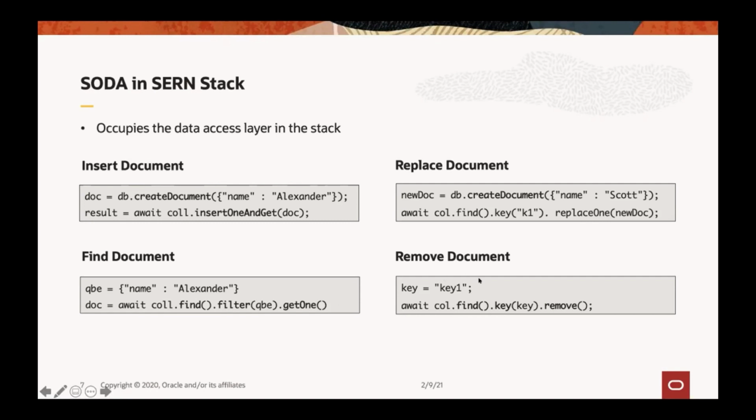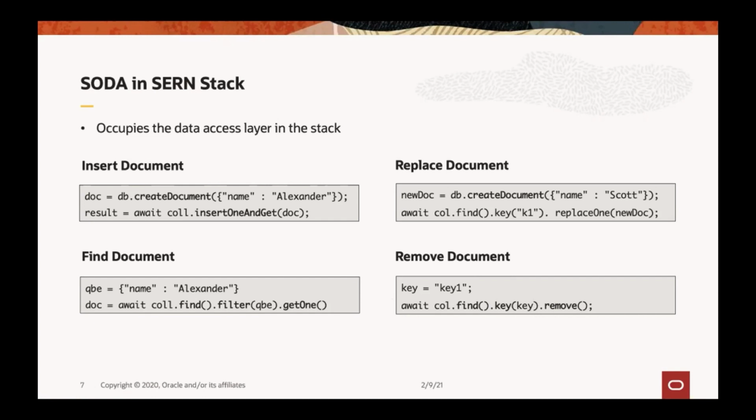And similarly for remove, you supply the key and you call the method remove on collection.find. So you say collection.find.key, you supply the key and you say remove. If the key is not specified, it's going to remove pretty much all the documents in the collection. It acts like truncate. So you can see that the way the code is written is very elegant and very simple.